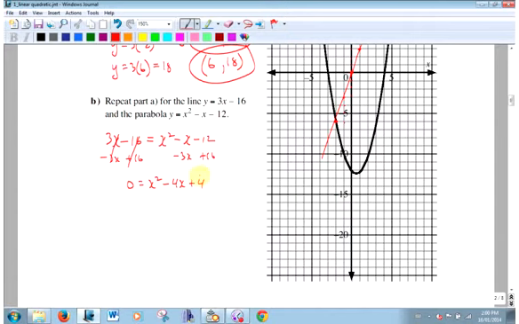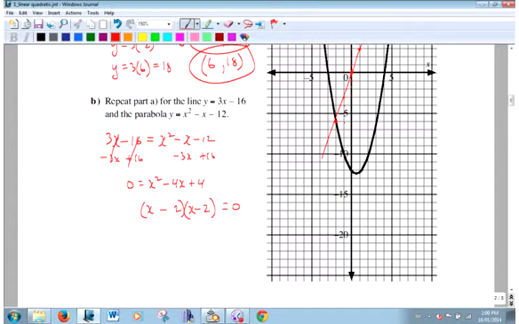Got it, Tobias? Can I factor this? Is there something that multiplies to 4 and adds to -4? Two times 2 multiplies to 4, and -2 and -2 add to -4.